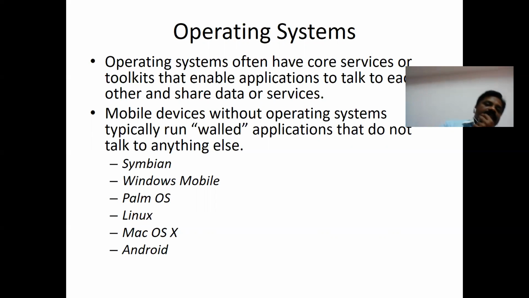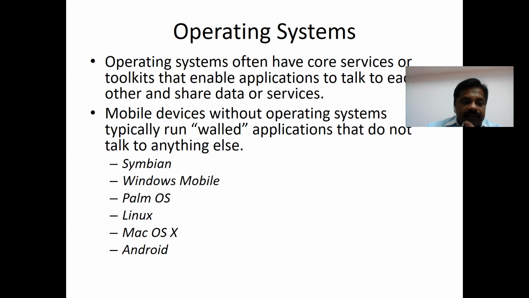That means without an operating system, you cannot work with any operations, right? So a very important thing of a mobile is the operating system. We need full support of an operating system. Without an operating system, you cannot use a mobile. Whatever kind of mobile you have, even an iPhone, you cannot operate it.